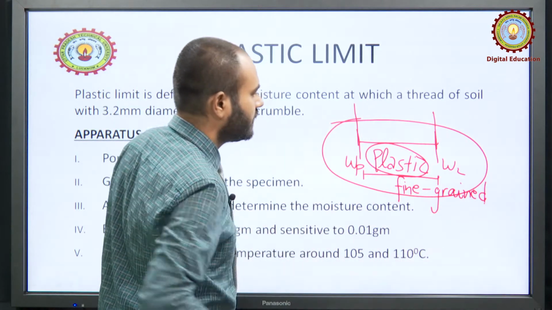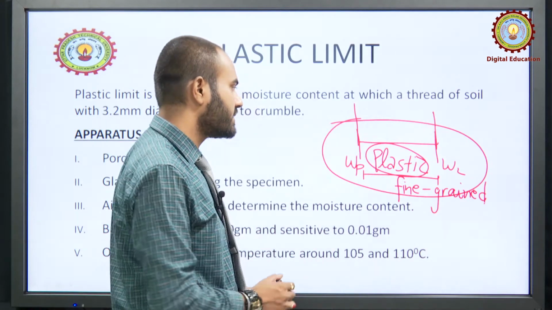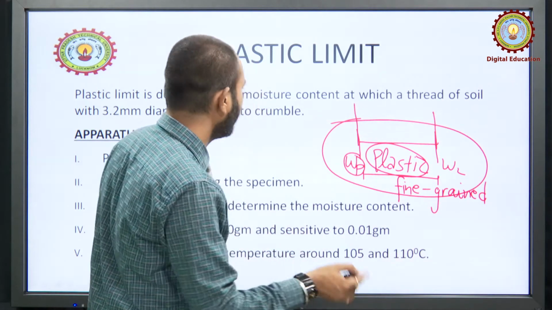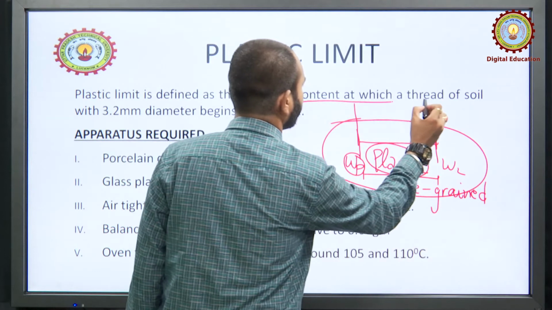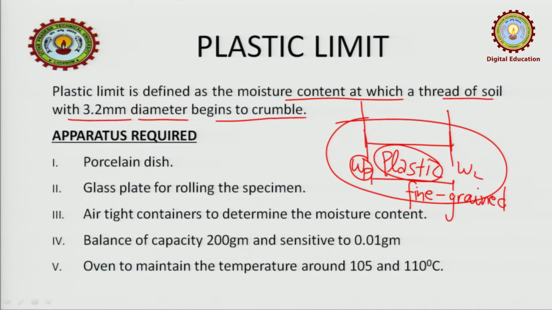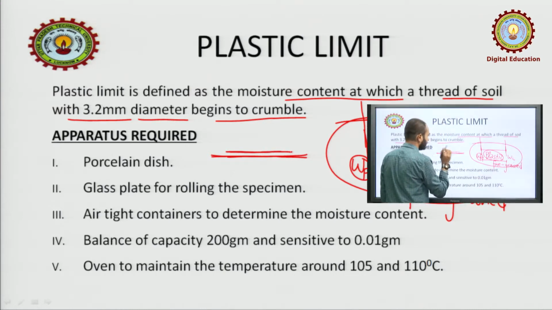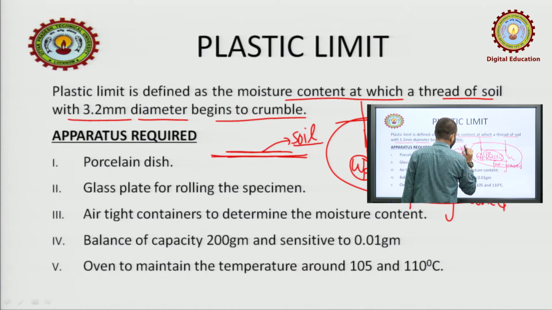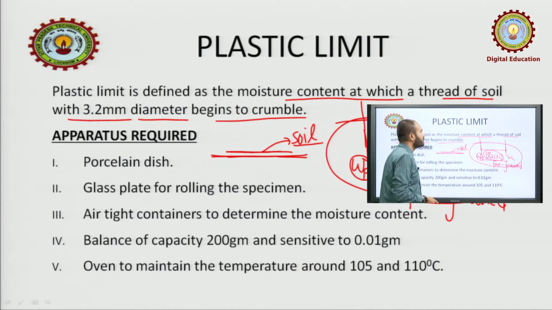But in the lab, in order to find the plastic limit, we define it as the moisture content at which a thread of 3.2 mm diameter begins to crumble. What does this mean? Suppose this is a flat plate, and this is the soil for which we are required to find the plastic limit.